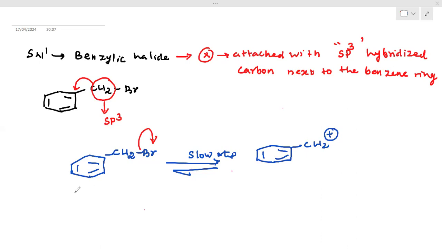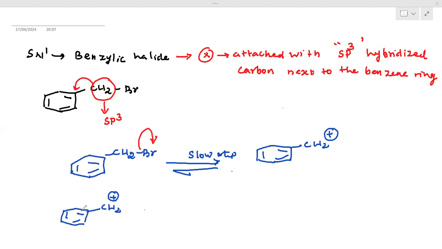This benzyl cation is stabilized with resonating structures. I will show you in the resonating structure. The benzylic cation is stabilized first by a shift in the carbon bond.